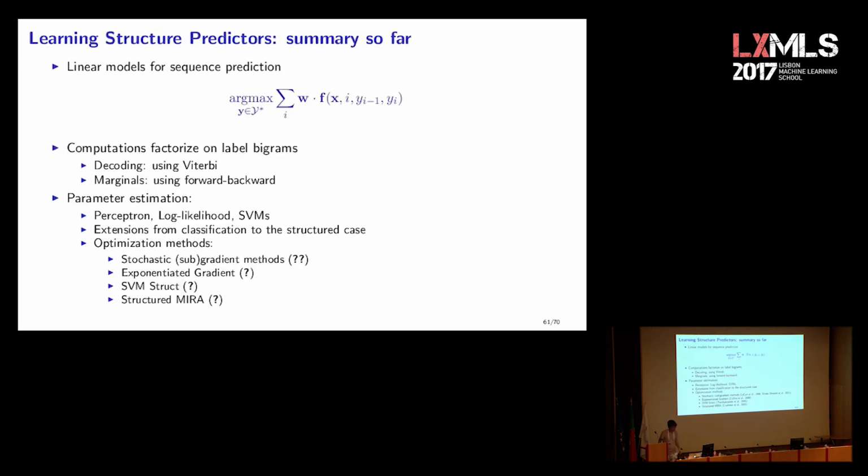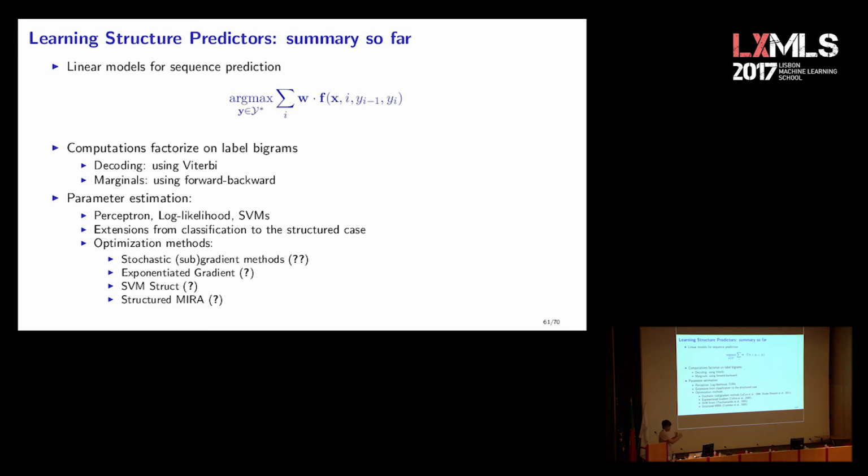Okay, what a relief. Okay, so the summary is that I presented these linear models, okay, that they employ factored representations, and then they do argmax. Okay, so I showed all the lecture, label bigrams factorization. Decoding, which is solving the argmax, is done using Viterbi.